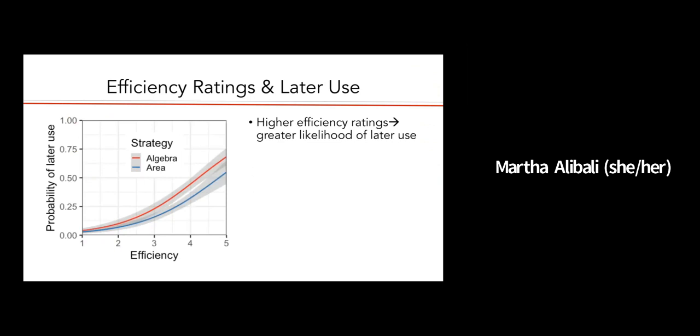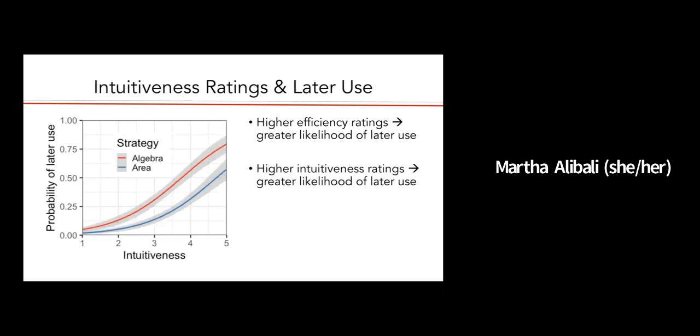But I just wanted to observe that efficiency was associated with greater likelihood of later use for both of the target strategies we examined. So students who evaluated the strategies as more efficient were more likely to use them later. But this was also true for other dimensions. Like intuitiveness: if students rated strategies as more intuitive, they were also more likely to use them on later problems.